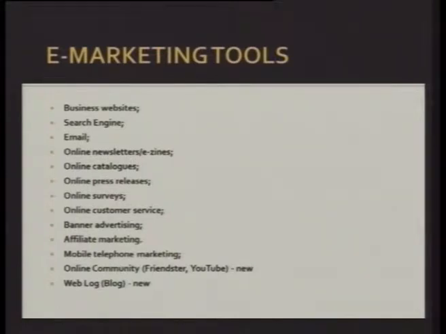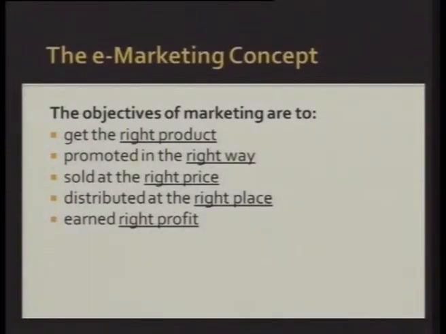These are different kinds of e-marketing tools which are extremely important today for publicity and marketing communications of your library. The e-marketing objective is to get the right product, promoted in the right way, sold at the right price, distributed at the right place, and earn the right profit.